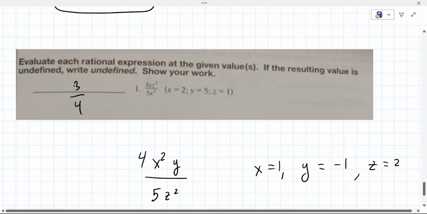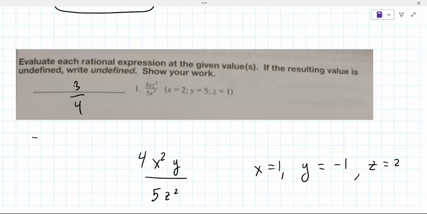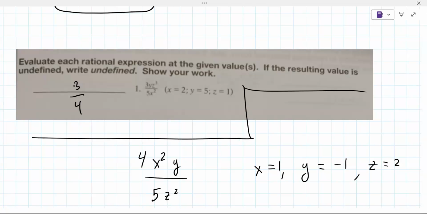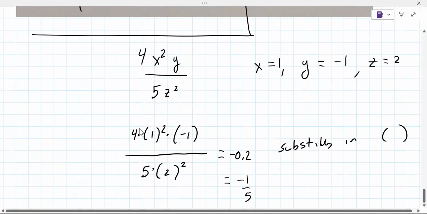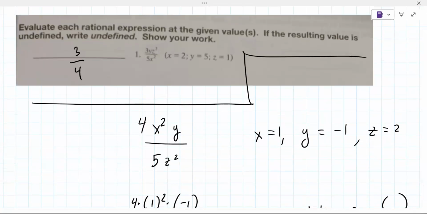Now, what are you going to do to show your work for this one? I guess I would put it in the calculator. You want to do the same thing we did in this example problem. You want to show the numbers substituting in for the variables. So I would recommend that you do that. Okay. Oh, okay, so if the result is undefined, right, but this is correct.